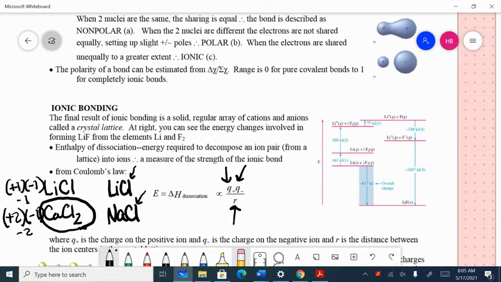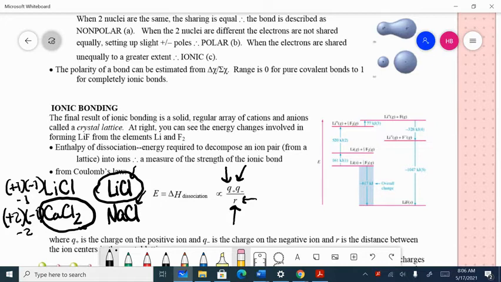Then we're going to compare lithium to sodium. So remember, as you go down a family, the ionic size increases. So sodium is larger. So that means that sodium will have a larger denominator. Remember, when the denominator is larger, it makes the number smaller. So when you're comparing these two, you would say the smaller the ions, the greater the lattice energy.